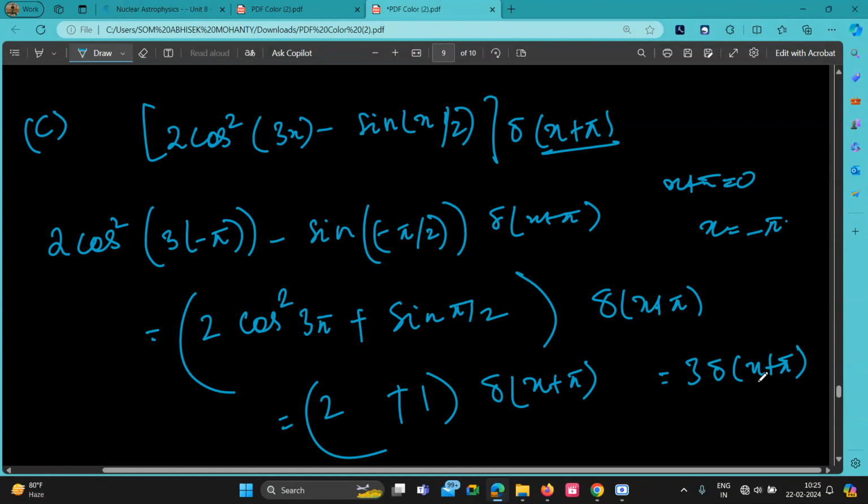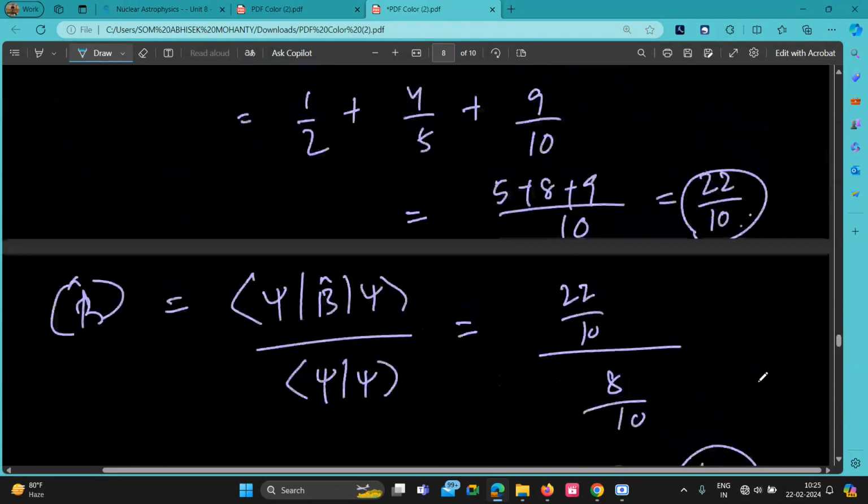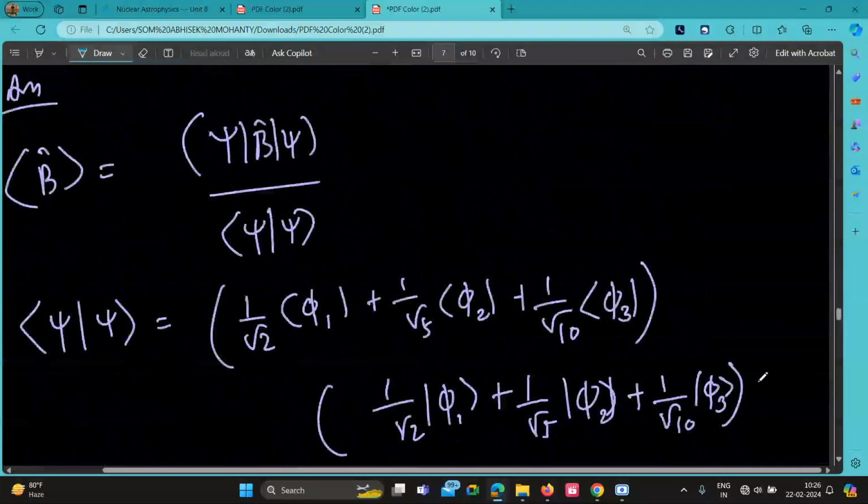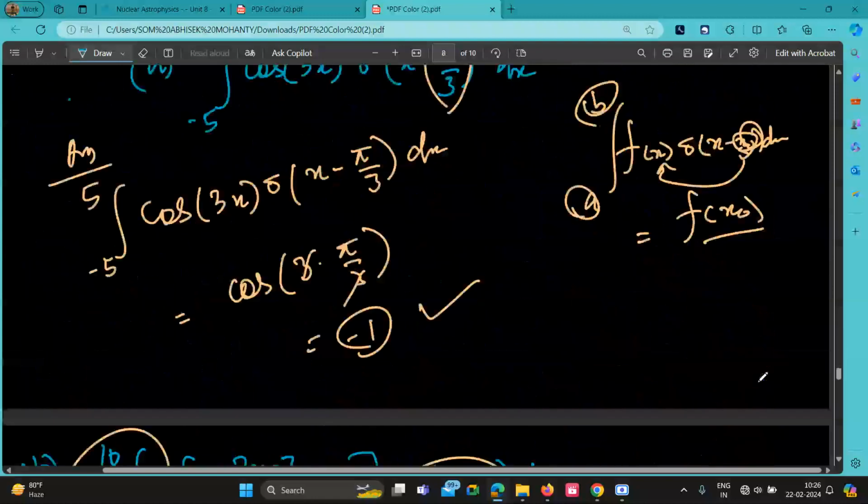So these are some of the Dirac delta questions that you should practice. Now the question for homework would be the integral from 2 to 9 of x square minus 5x plus 2, delta of 2x minus 4 dx.